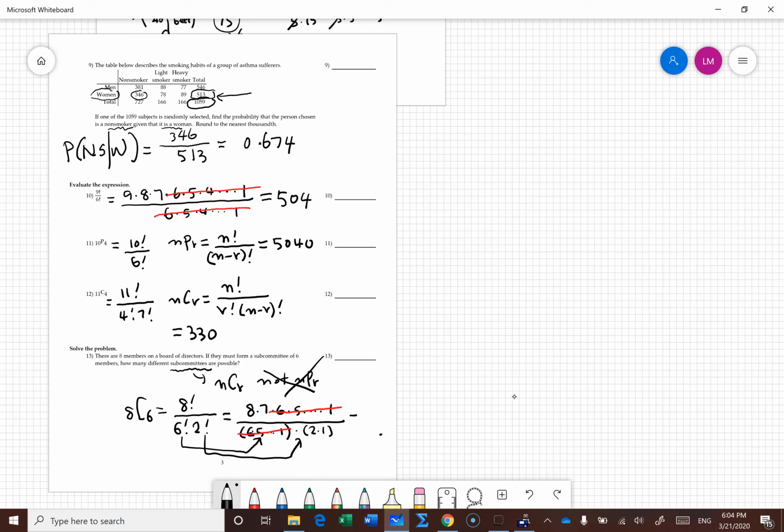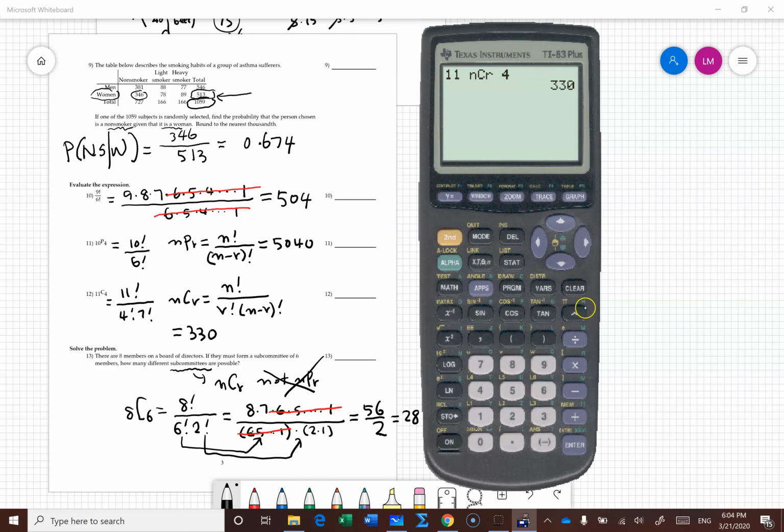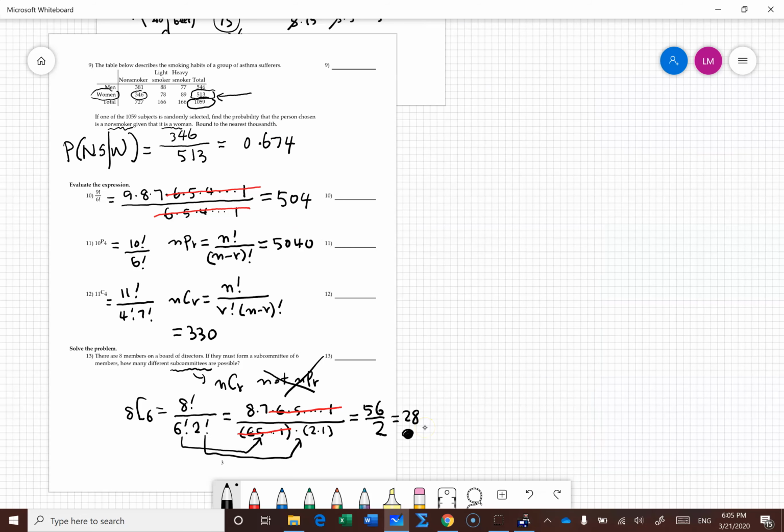So I have 56 divided by 2, which is 28. Okay, now if you have to use a calculator, then it's going to be like this. 8 choose 6. So 8, math, probability, go to nCr, choose 6. Hit enter, you get 28, right? 28. Okay, let's go to the next page.